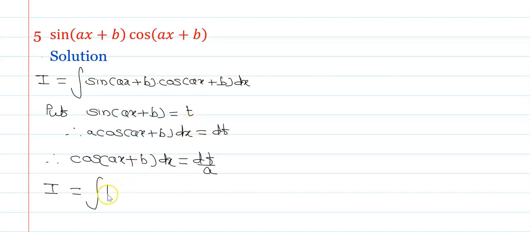So we have t into dt upon a. Now the integral of this is t square upon 2a plus c.